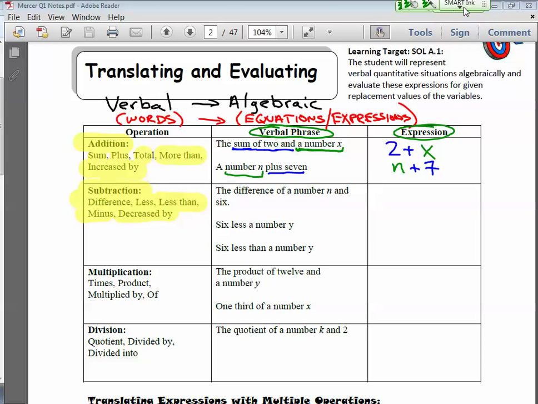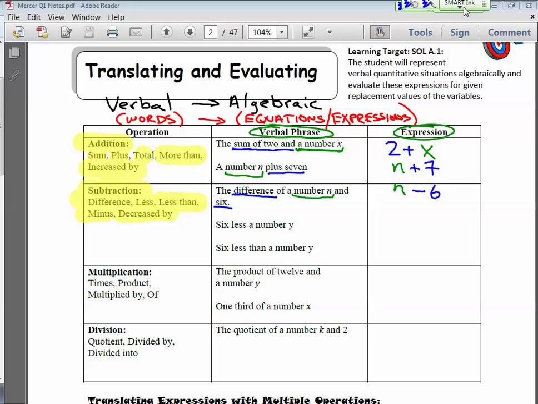So for example, the difference of a number n and 6. Well, let me start with a number n. That means that's my variable. Since they're talking about difference, I know it's subtraction, and it says difference between a number n and 6. So that means I do n minus 6.